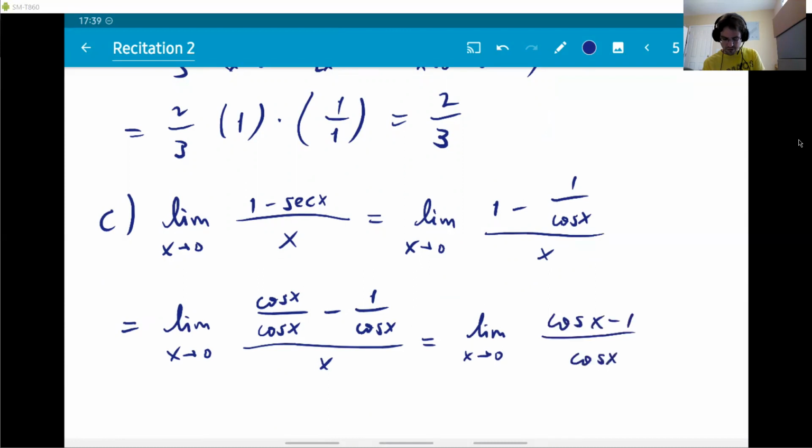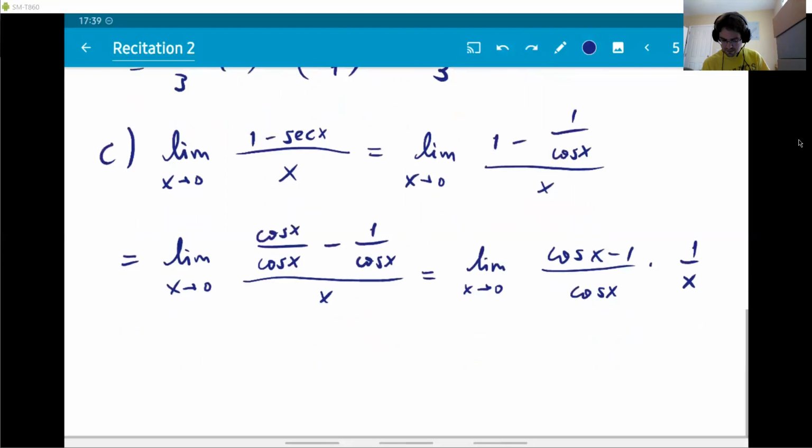The denominator is cosine x, and then another x in the denominator. All right, so this was the simplification. Although nothing canceled so far. There is nothing that we can cancel here. Certainly not the cosine with the cosine, because there is a sum here or a difference also. So no. But what do we recognize?